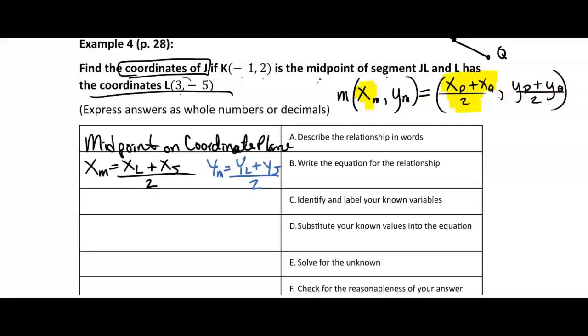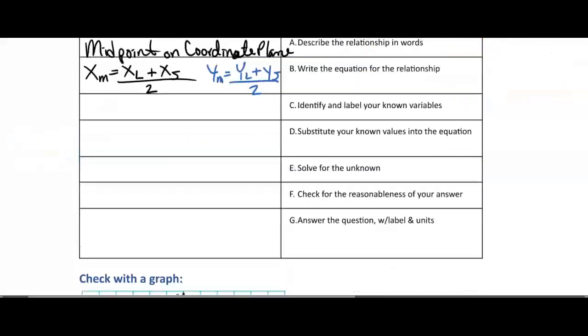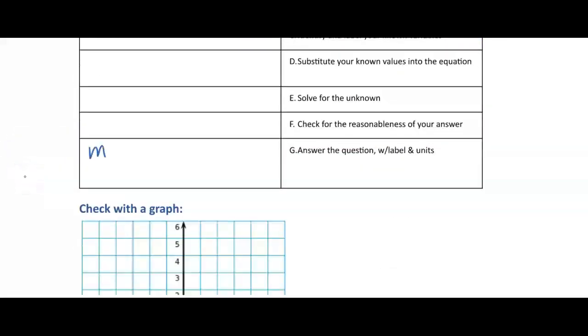So I'm saying x of L, x of J, y of L, y of J. And then I'm going to put those together at the end. I'm just going to put this at the bottom to remind myself I want to find my final answer in terms of x of the midpoint, y of the midpoint.